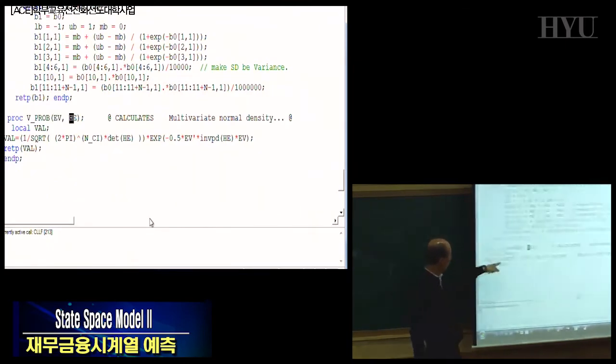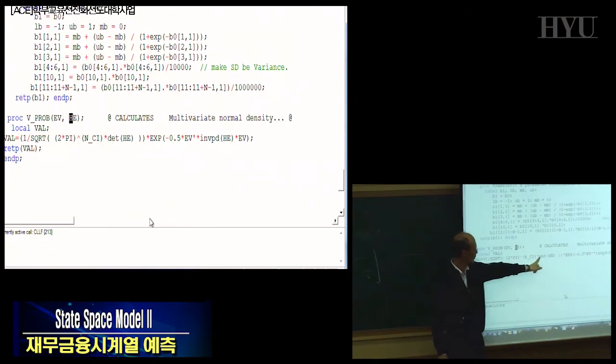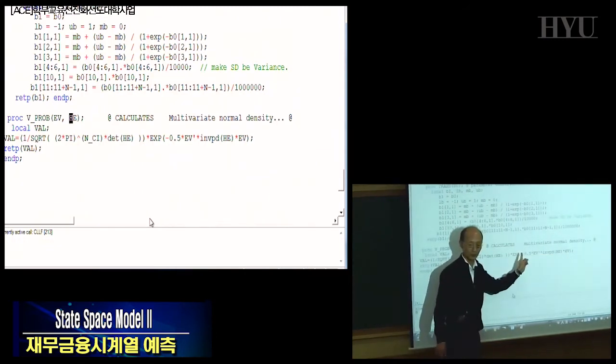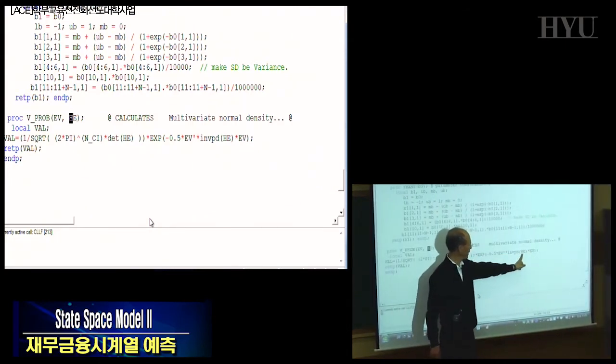So 1 over square root 2 pi to the power 12, because this multivariate normal distribution has 12 variables in it, so this number is 12. And determinant of covariance matrix, and this one. And actually, error vector transposed, error vector and covariance inverse.